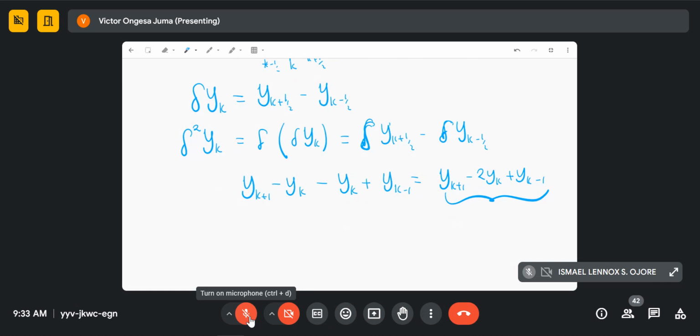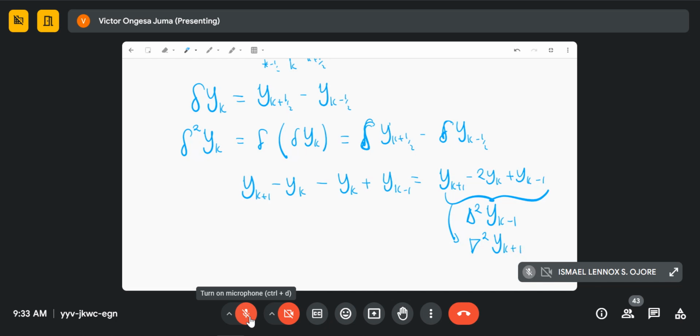What is that value? If you recall, this is second forward difference of yk minus 1. And it's still the same value as second backward difference of yk plus 1.